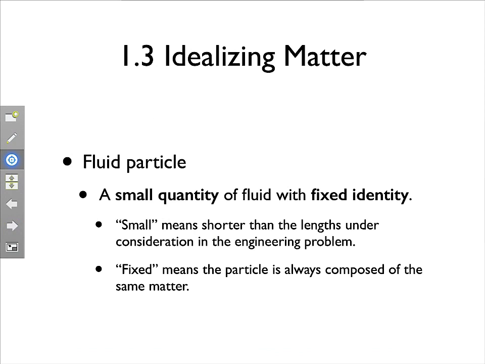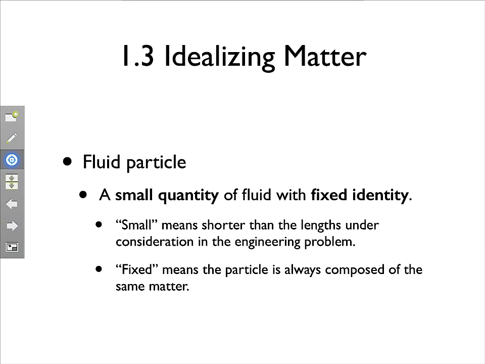We might choose our fluid parcel to be 1 cubic centimeter out of all that water that's going through there. That fluid particle is very small compared to the dimensions of the channel, 3 meters by 10 meters.